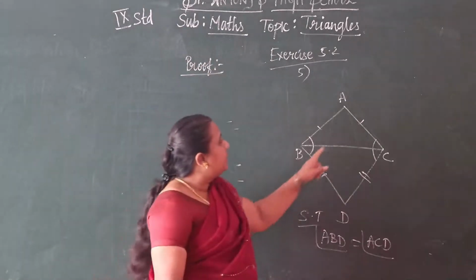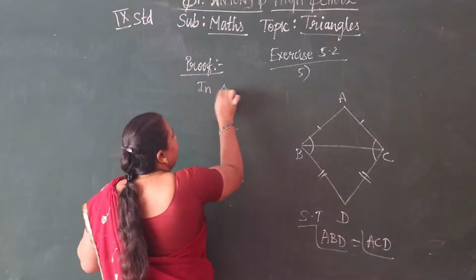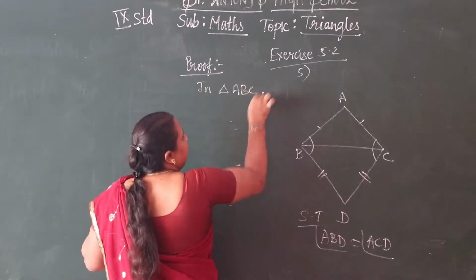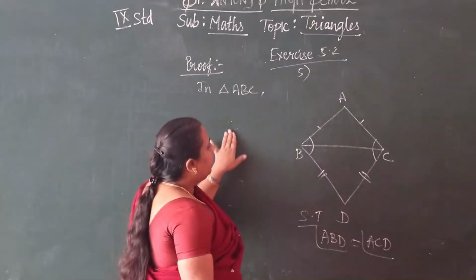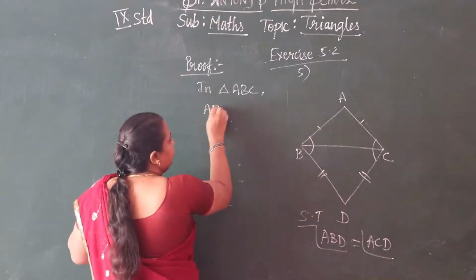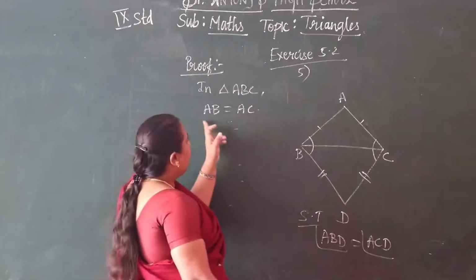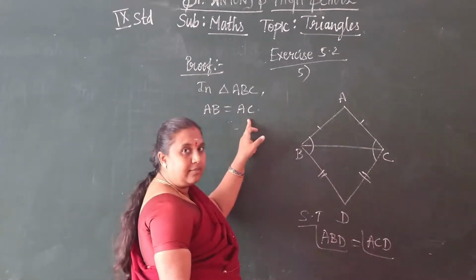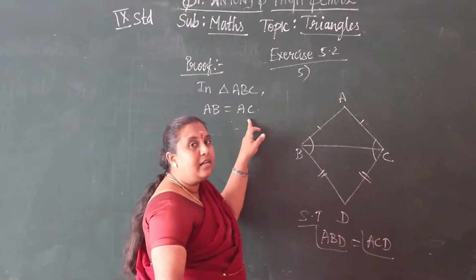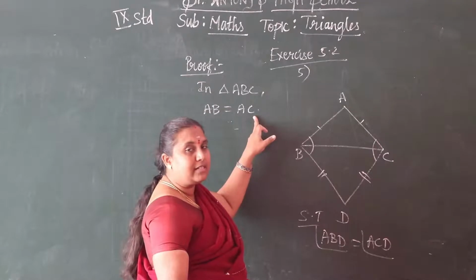We can take the first triangle ABC. In triangle ABC, we can say these two sides are equal by isosceles triangle: AB equals AC. AB equals AC means angles opposite to equal sides are equal.